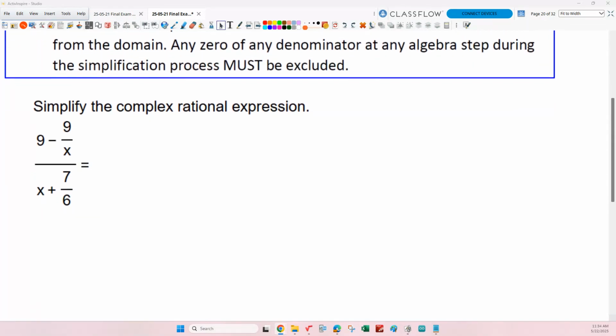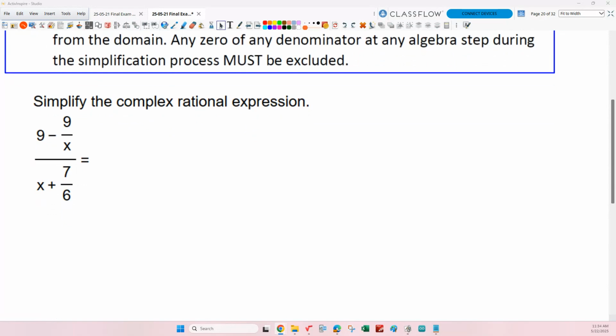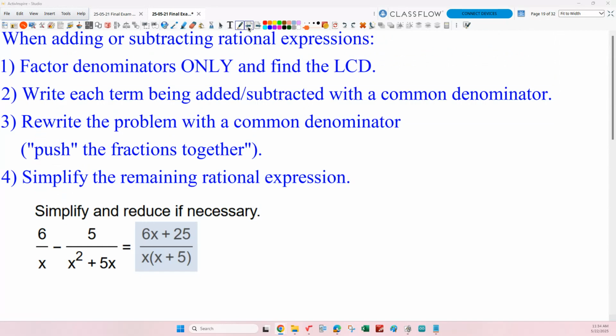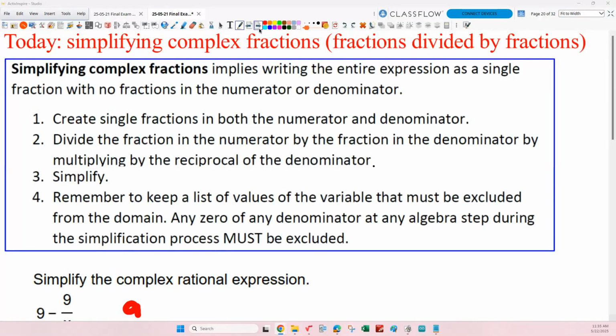So if we look at this one, we can kind of break it up into pieces so we can simplify that top first. What would I have to do to put them together? Okay, so what would that become? 9x over x.